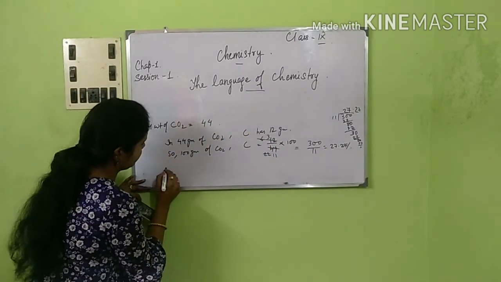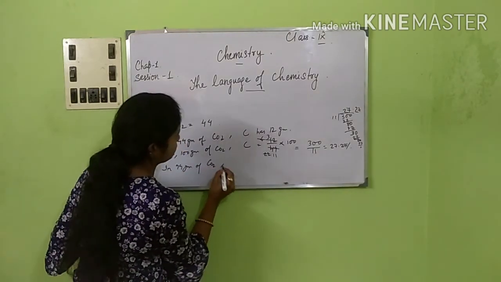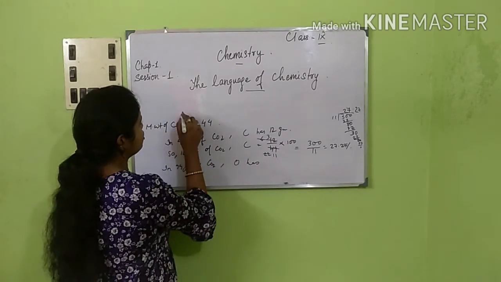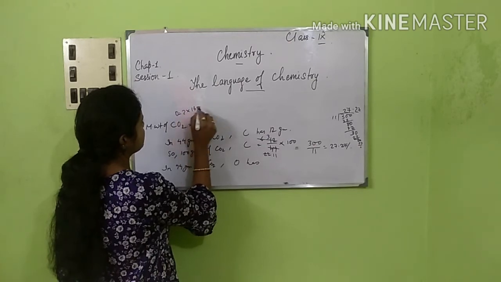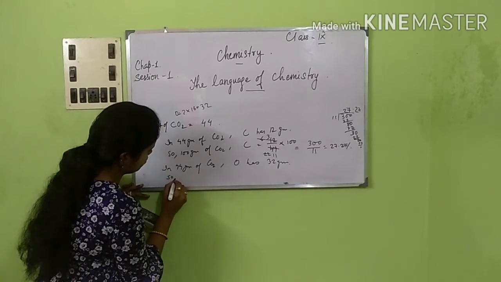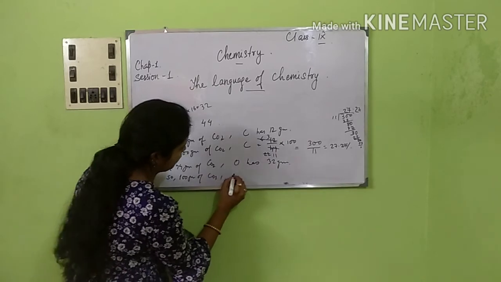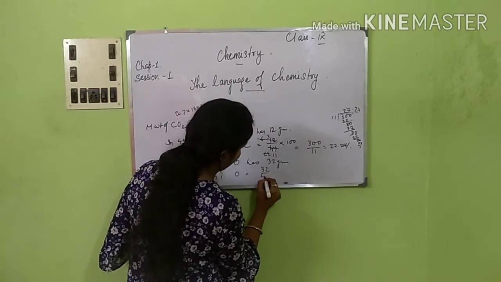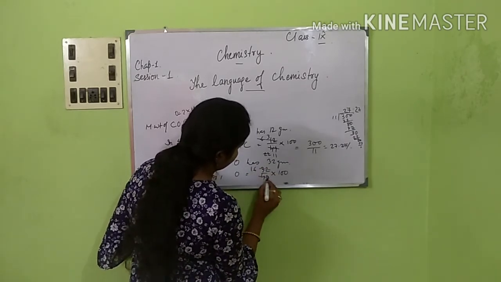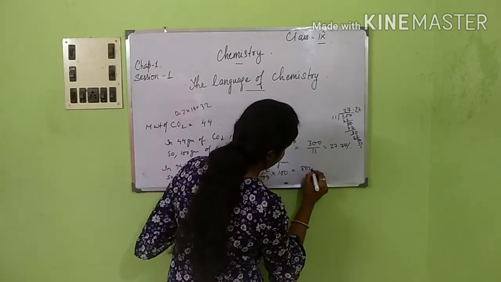Okay, and again in 44 gram of CO2, oxygen has how many gram? That is 2 into 16, that is 32, so it has 32 gram. So 100 gram of CO2 will have oxygen 32 by 44 into 100. That means 800 by 11.